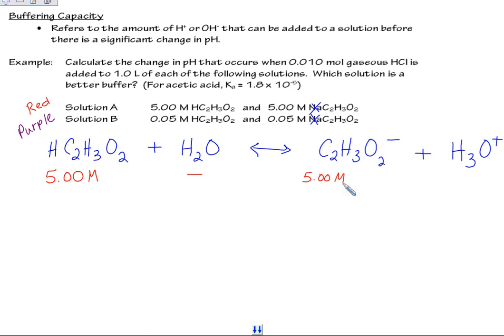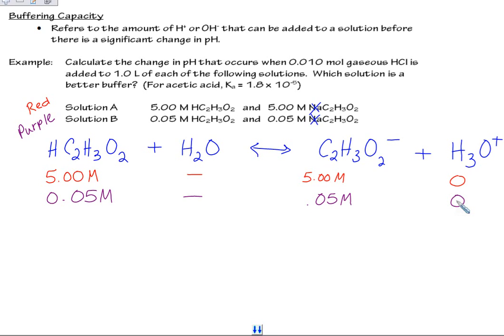Initially, we have 0 of the hydrogen or hydronium ion. And we're going to have something similar with the second solution. Molarities are just a little different. So it'll be 0.05 molar. We don't care about the water. And then this too will be 0.05 molar. And the hydrogen or hydronium is 0.